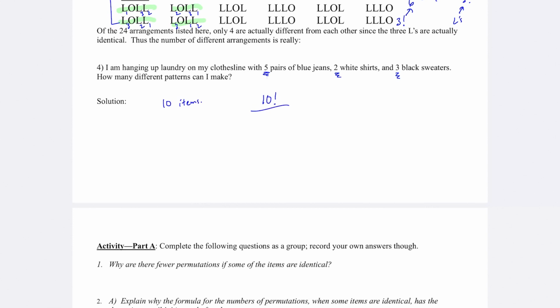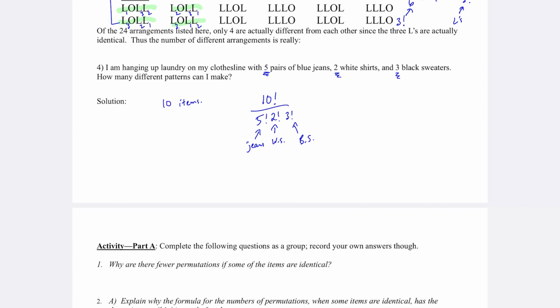But the problem is, if I put jean number 1 and then jean number 2 and then follow it up with the rest of them, we would be looking at a different order if it was jean number 2 first and then jean number 1. So we need to divide by 5 factorial to account for the jeans. And then we also divide by 2 factorial to account for the white shirts, and then we divide by 3 factorial to account for the black sweaters.